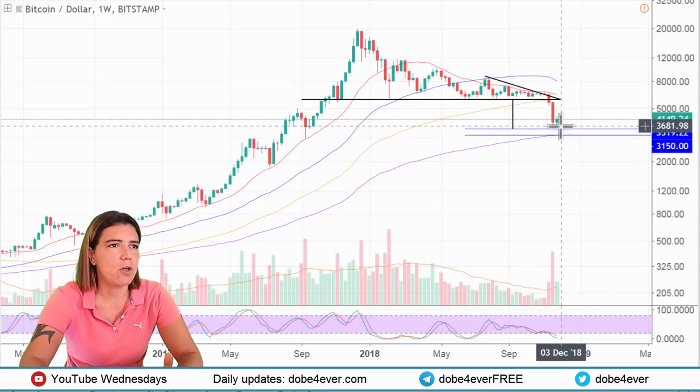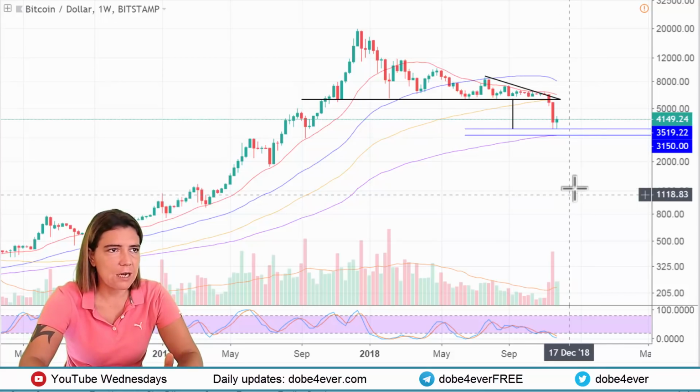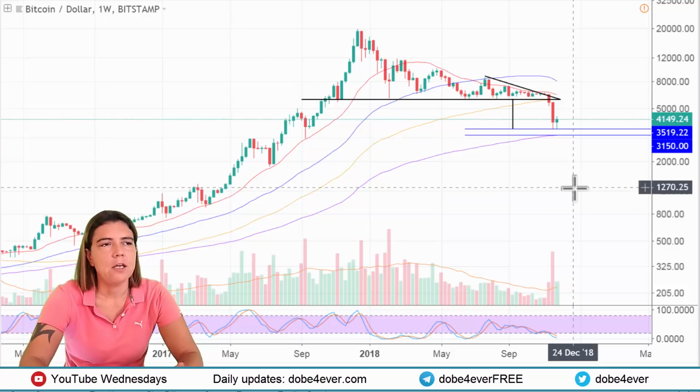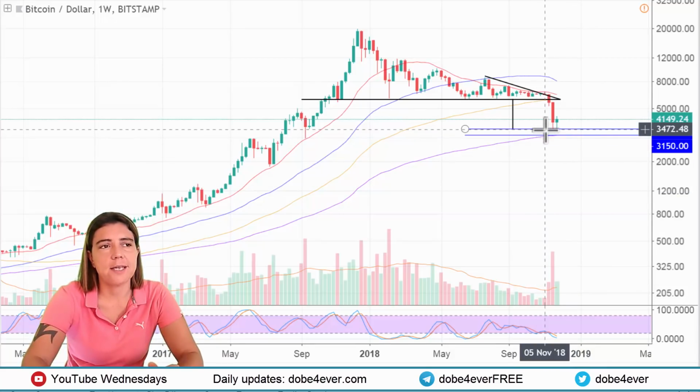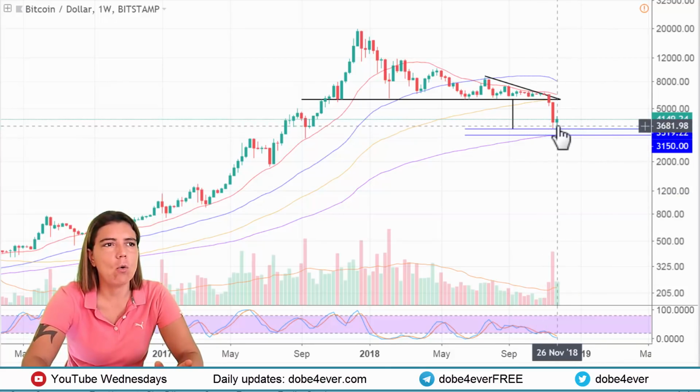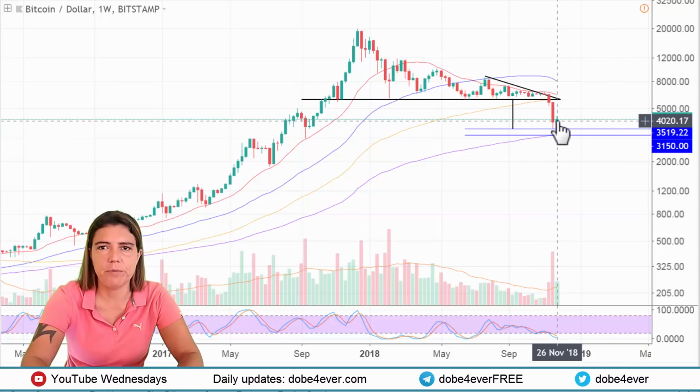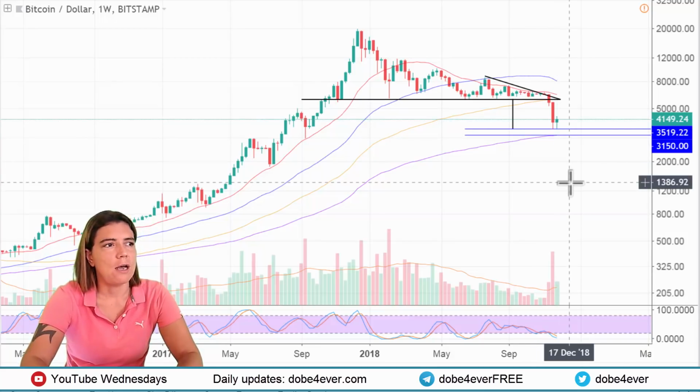We were extremely oversold, so it's normal to have a bounce. But since I gave this target a long time ago, I said that could potentially be a bottom, but not sure. Basically I was saying the target is very probable to be reached. It doesn't mean it's going to be the bottom, but it could be. It's a potential bottom, but so far it was only a target.